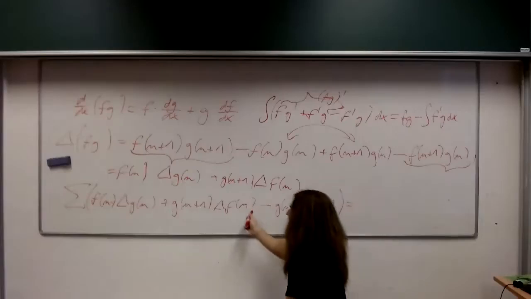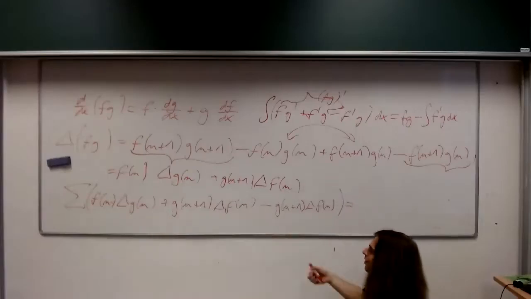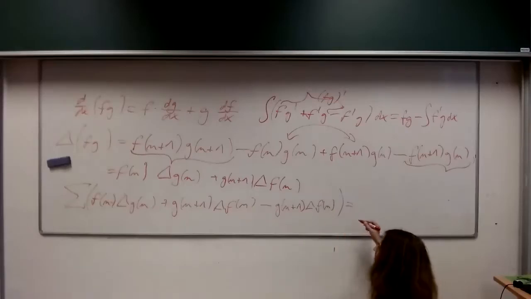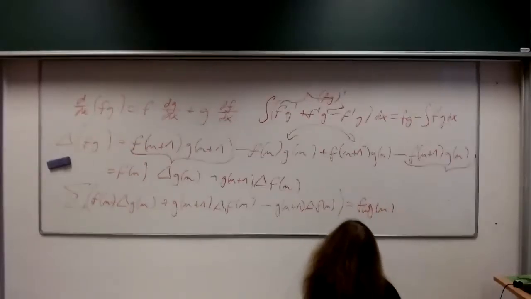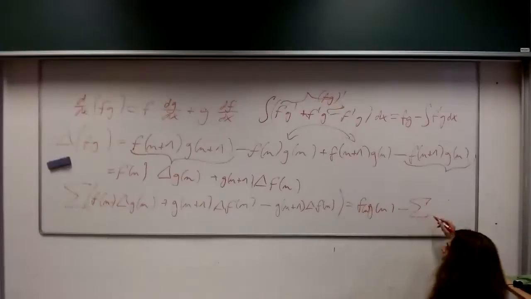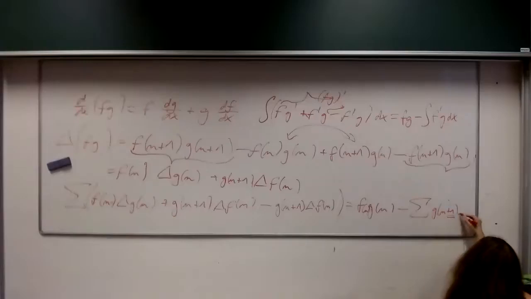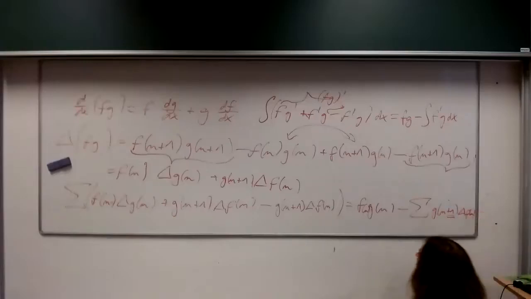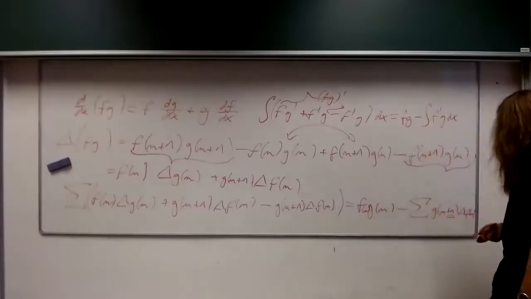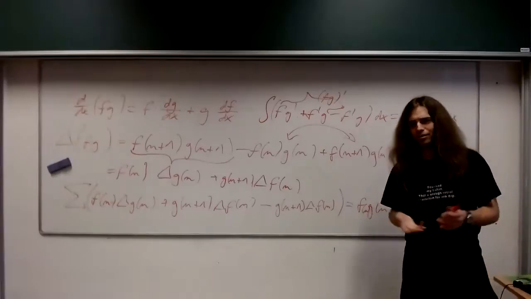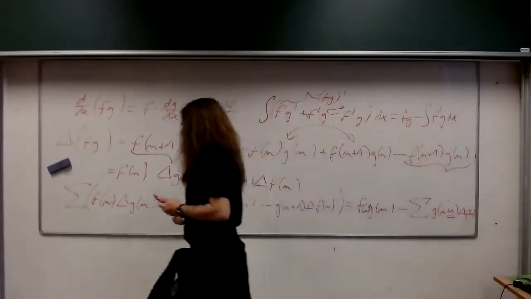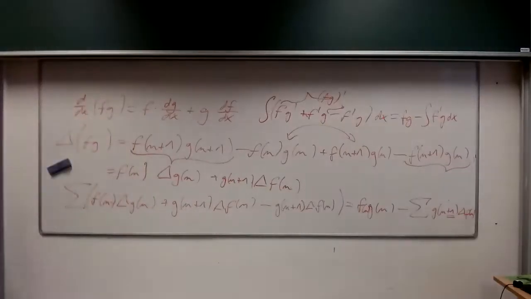And of course, this is still the Leibniz rule, and the sum and the finite difference will kill each other. So we get f times g in n and subtract the sum of g n plus 1, which is important, times the finite difference of f. So we have just the same summation by parts as we had in the integration by parts, and it's quite obvious.